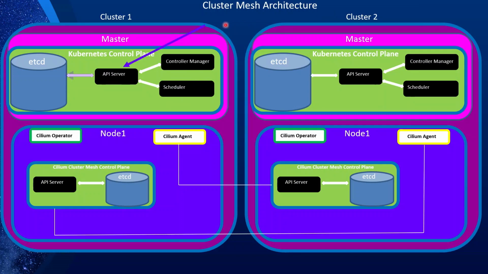Let's see what happens. It talks to the API server, it creates the endpoints here. The API server calls into the Cilium operator, and then the operator calls into the API server, and also it persists those endpoints that were just created up here.